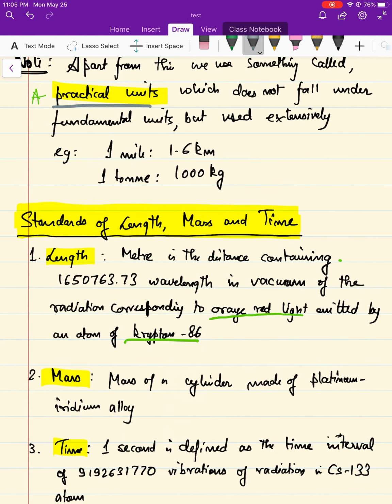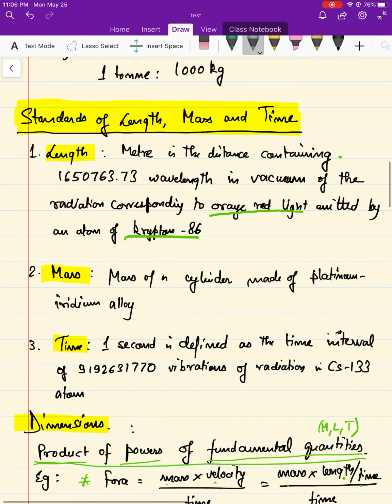And then we talk about how you get a physical estimate of the standards of length, mass, and time. One might ask, how did they first come up with how much is one unit of length, how much is one unit of time, etc.? I'll just go through a brief experimental account of how length, mass, and time are given a metric.